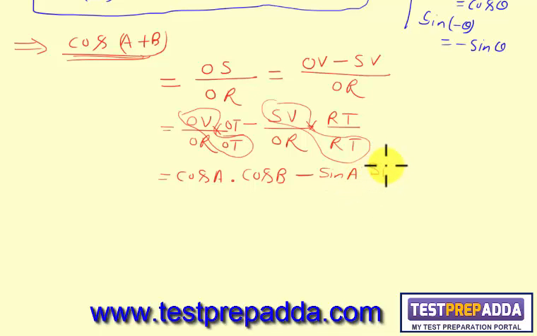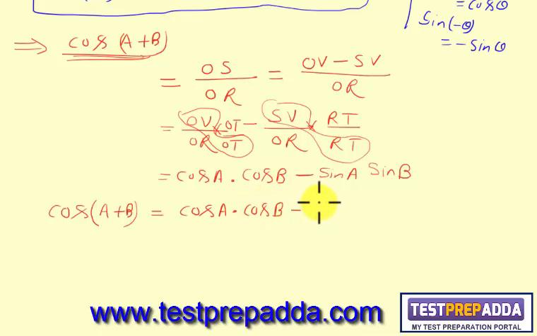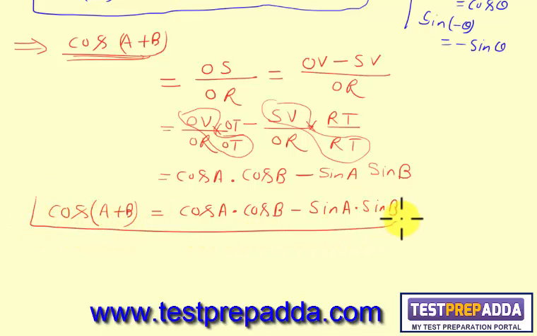So cos A plus B comes as cos A into cos B minus sin A into sin B. A very interesting identity.